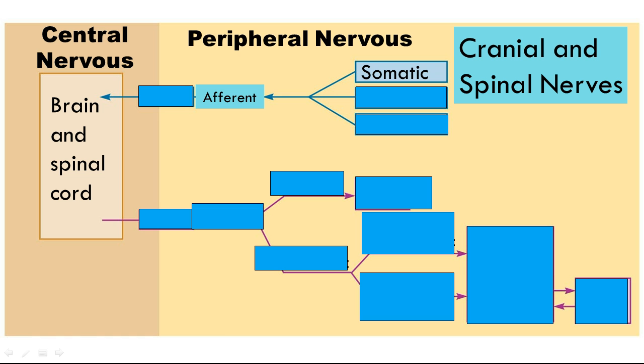What about things like sight, taste, hearing? Olfaction would be a sense of smell. How can we categorize all of those together? Those would be called, well, they're a type of special senses.